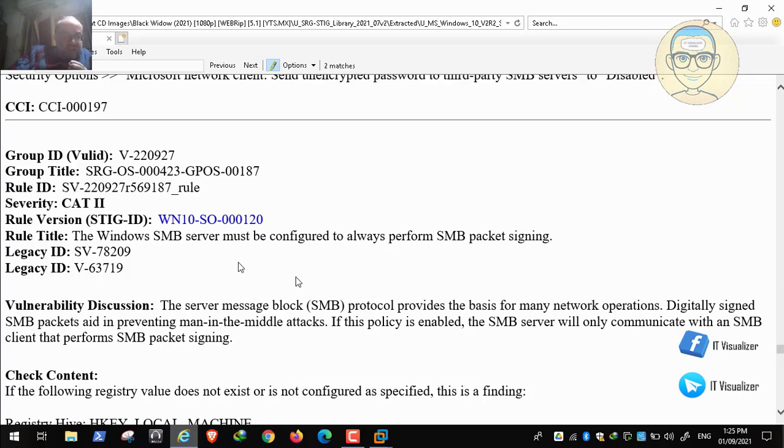So if you have a client that doesn't support packet signing, the server can allow him to communicate. But if there is another client that supports signing, he will allow him too. So he will allow both the client that supports signing and the client that does not support signing. But we need always to make sure that the SMB server always allows packet signing.